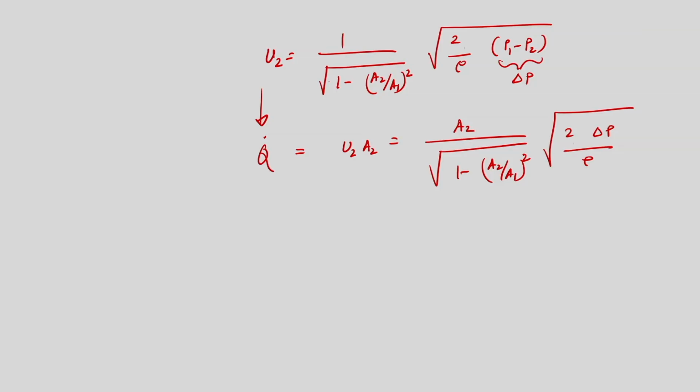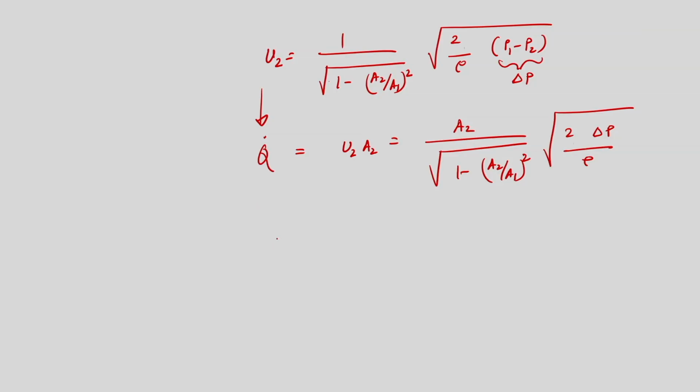Now, since we have considered inviscid flow, but in reality the fluid is not inviscid because of the viscous effect, there will be a frictional effect between the fluid layers. That effect will lead to a mismatch in the measured pressure that we are getting from the U-tube manometer. So, the flow rate that we get from this formula is not the correct one, and it should be multiplied by a factor.